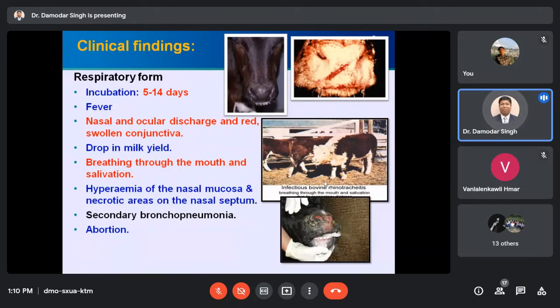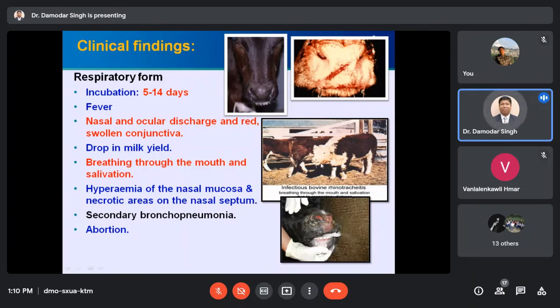The animal will show a drop in milk yield, and the breathing will be difficult. So the animal breathes through the mouth, that means open mouth breathing. I'm showing it here. Open mouth breathing will be there.